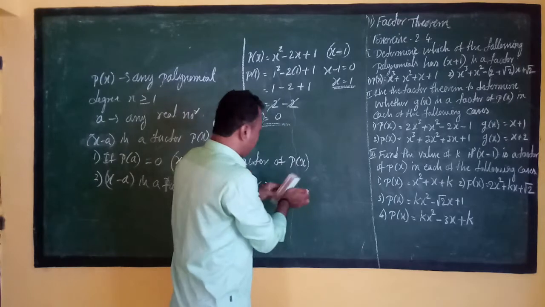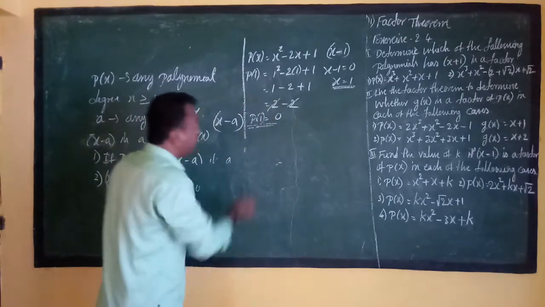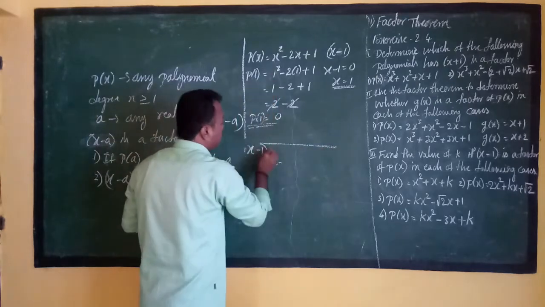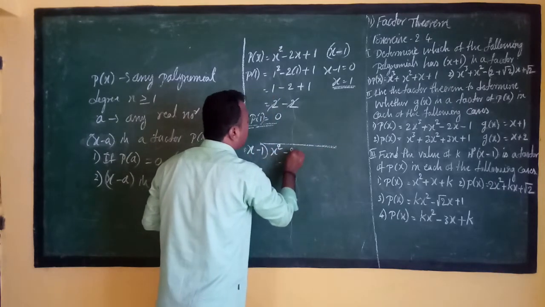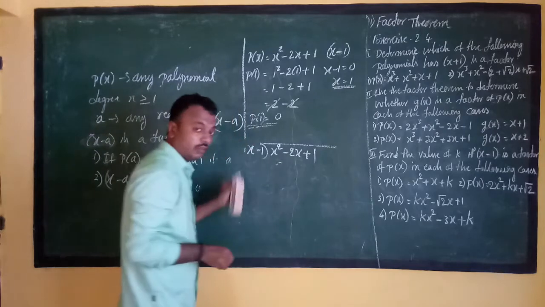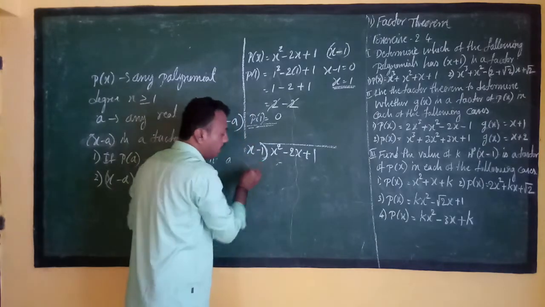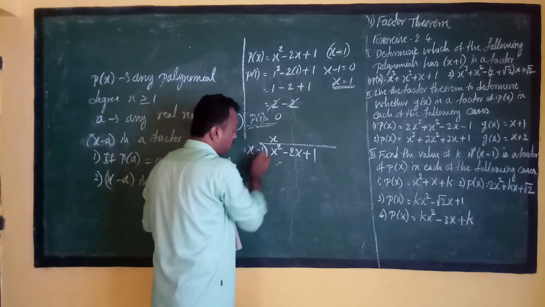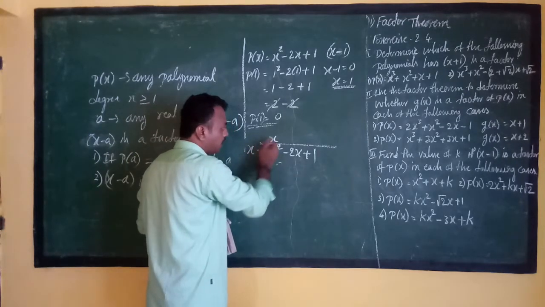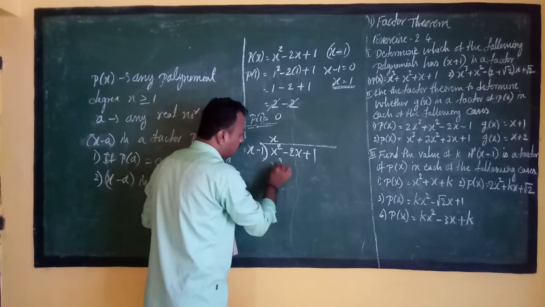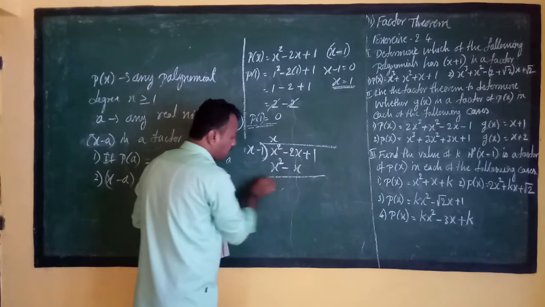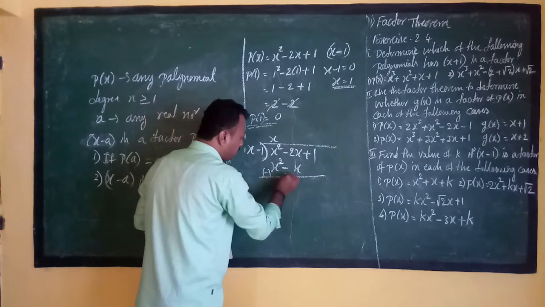Yes, I will show it. I will divide x square minus 2x plus 1 by x minus 1, and I will show how the remainder becomes 0. You see here x, here also x, because of x square is there. If you multiply x into x square, and then plus into minus, minus x into 1 x, the sign will change.